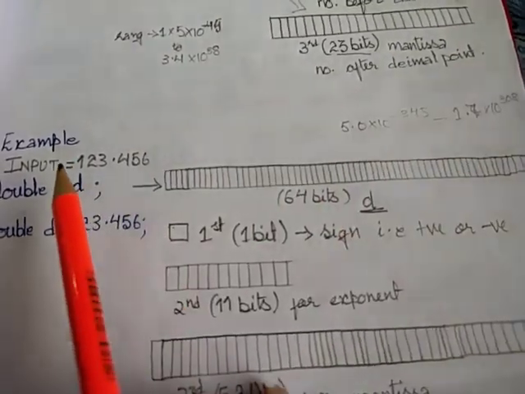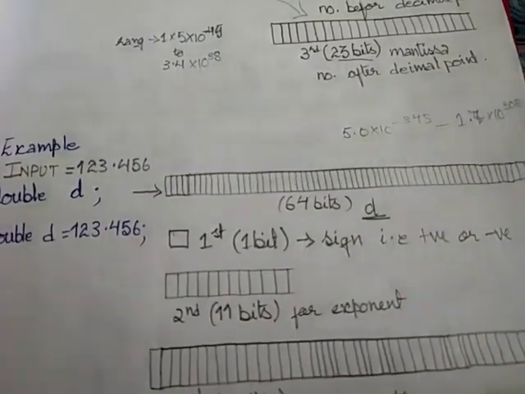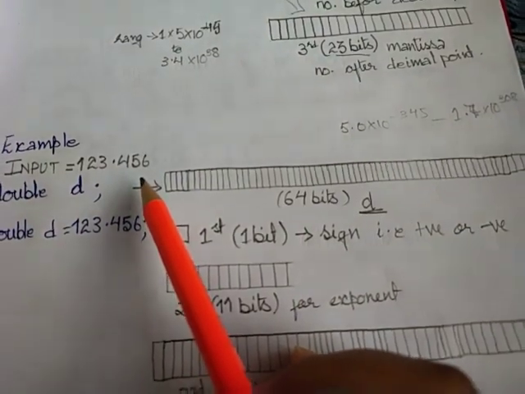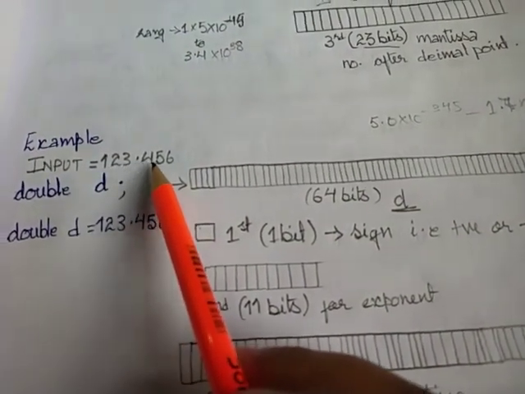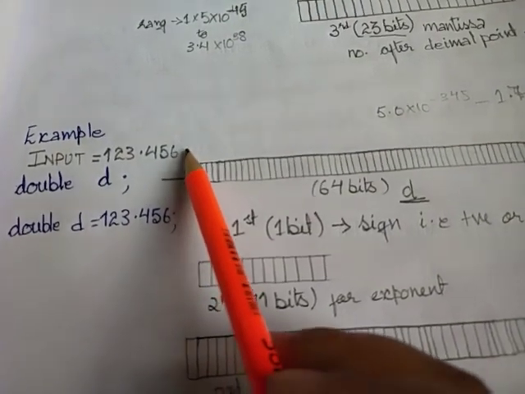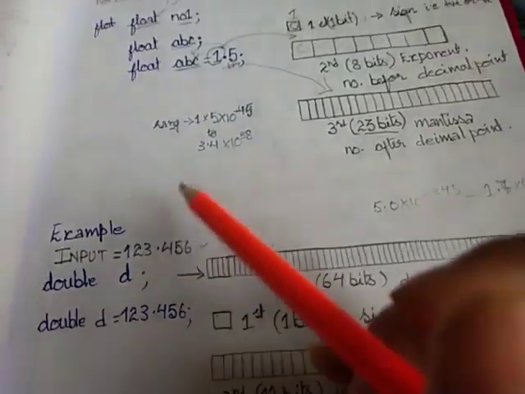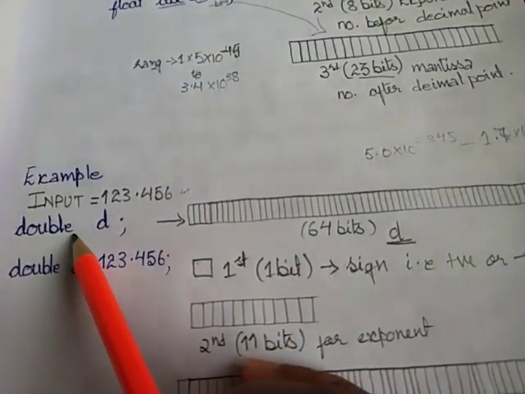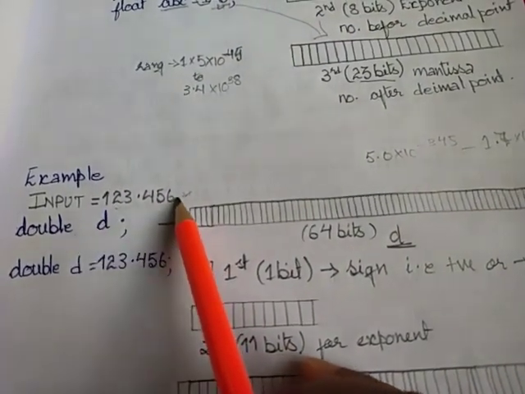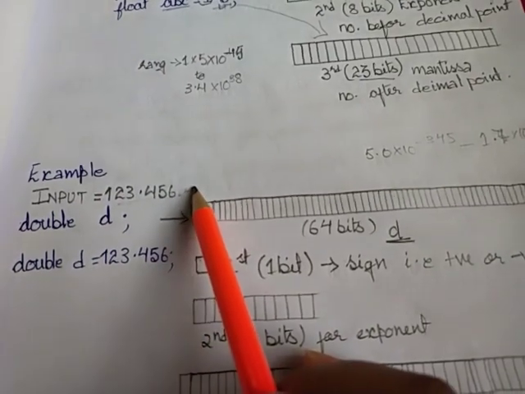Okay, now over here, let's say you want to input a bigger decimal value. Example, 123.456. This value, instead of declaring float, I can declare as double because the number contains more digits.